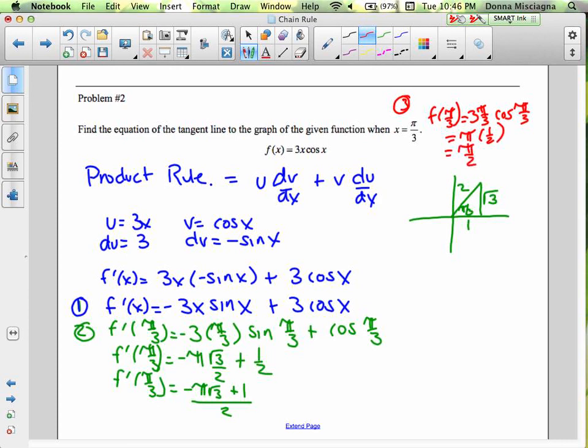All right, and then finally, part 4, we write the equation. So we took the derivative, evaluated to find the slope, and this is the y value.